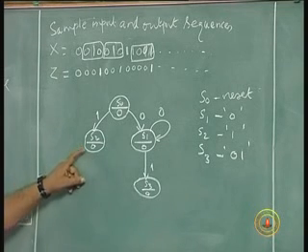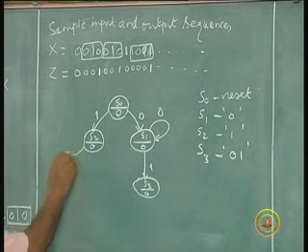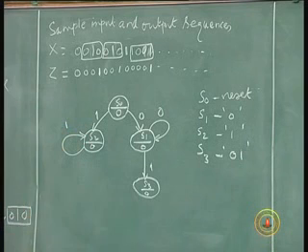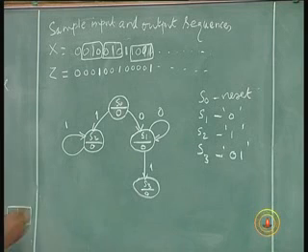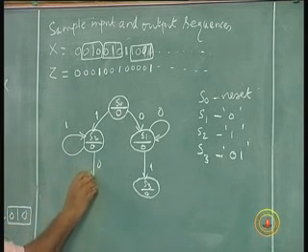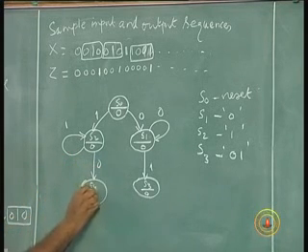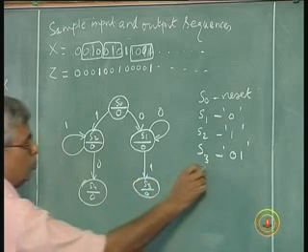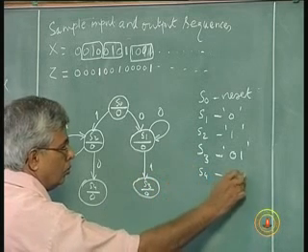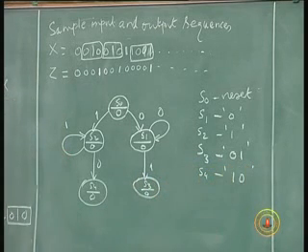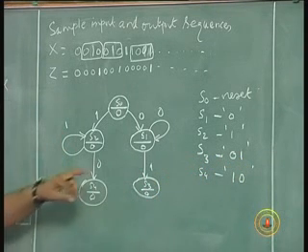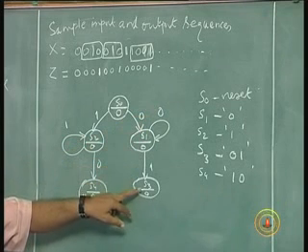Then in S2, if a 1 occurs, continue to be here. If 0 occurs, it will be 1, 0, which is again new. Then you are in S3, output is 0.